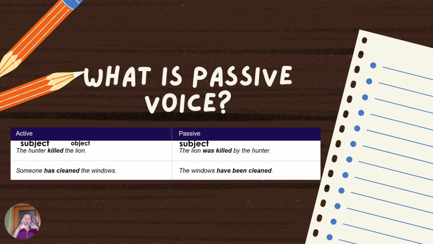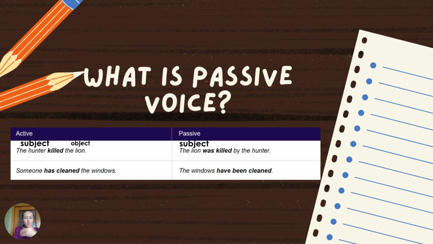When you have a sentence, for example, the hunter killed the lion, the lion in this sentence is the object. However, in passive voice it will be the subject, because the lion was killed by the hunter. We're going to talk about the construction later. But first of all, one more time, active voice is, for example, I love English.